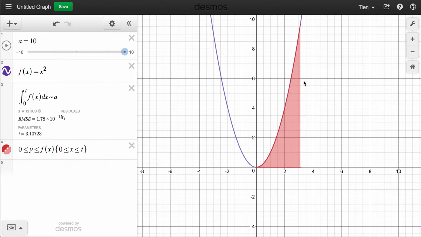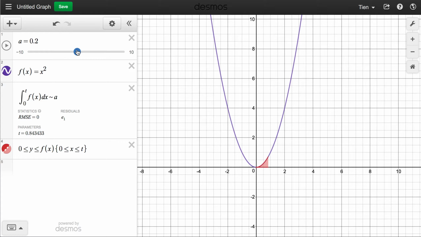This area here is 10. And we can certainly see then that as we decreased or increased the value of a, the parameter t would change, and the area underneath this graph would also change as a result. Great. So this is useful, of course, in calculus or courses like this to explain the concept of errors in the curves when you're doing demonstrations in the class.